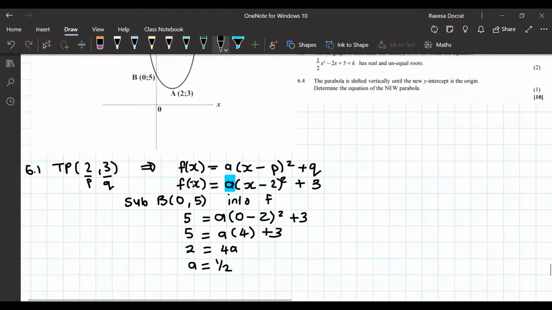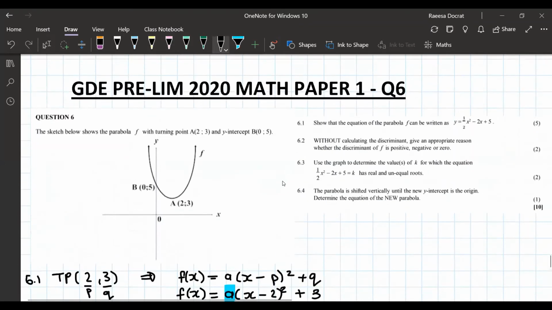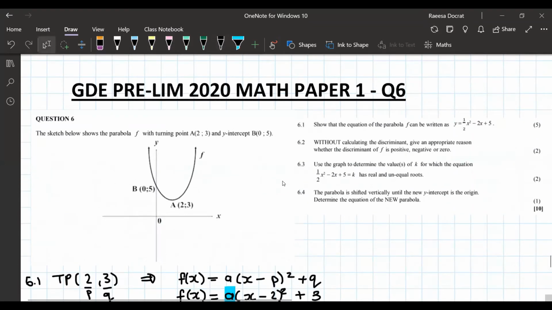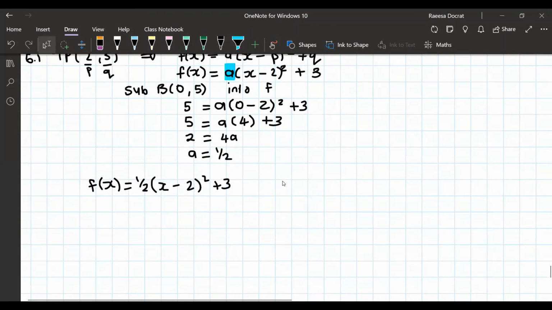Substituting that back in, our equation is f of x is equal to a half (x minus 2) squared plus 3. But if we look at the equation that they've given us, it's not in this form. It is in standard form. How do we get from the form that we have into standard form? We simply multiply it out.